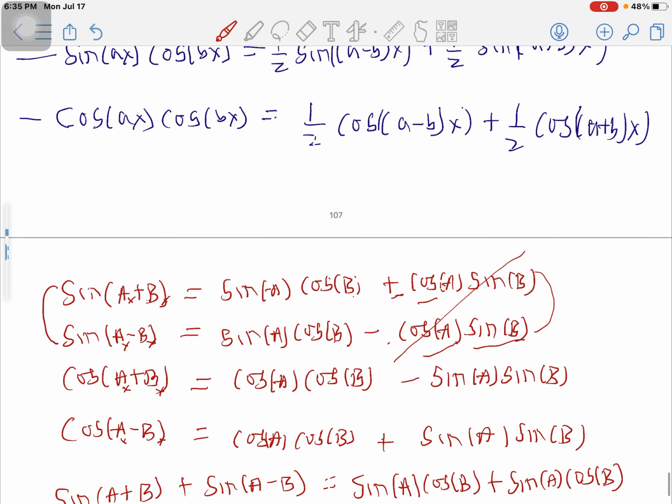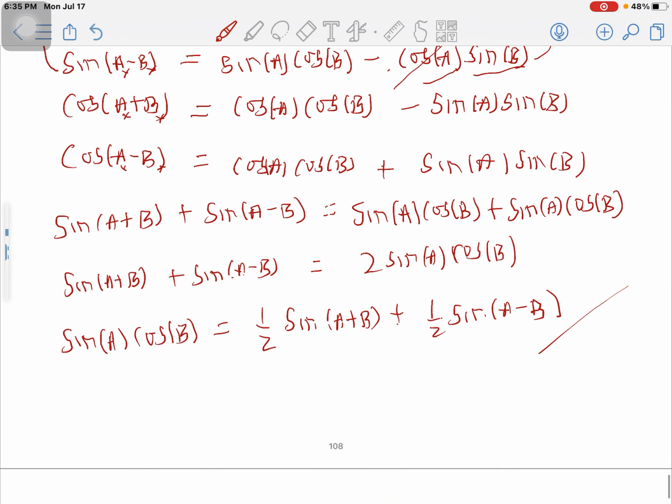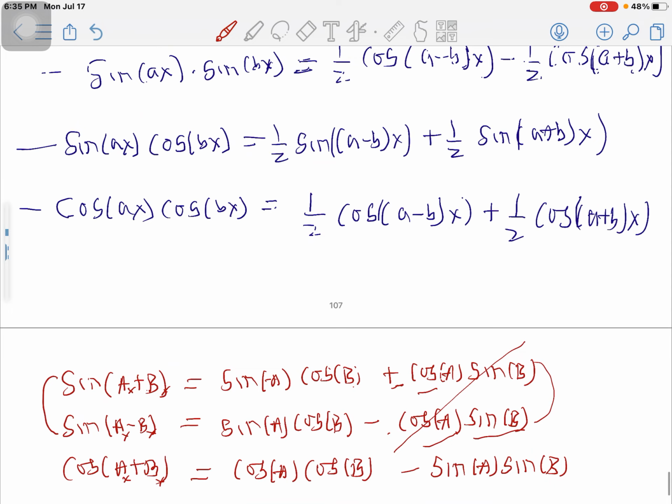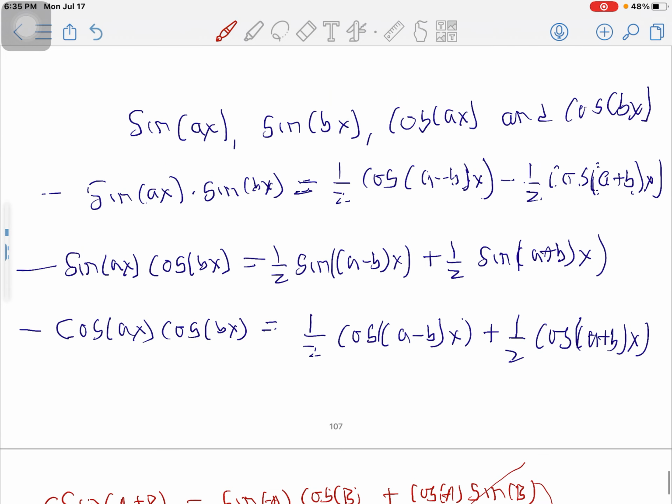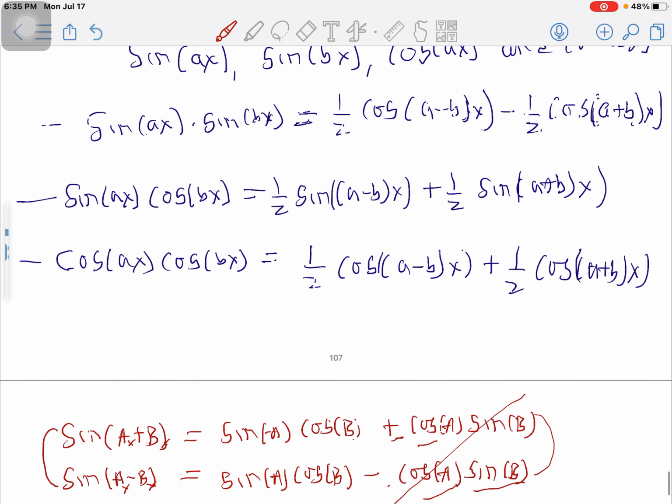So let's look at those identities I wrote up there to see which of them matches whatever we have derived over here. Looking at these identities, we are having sine a cos b.